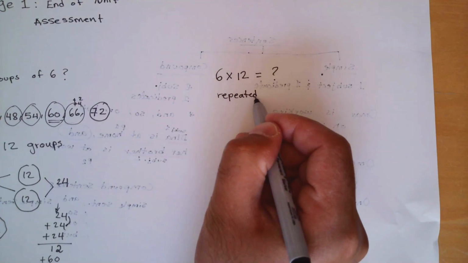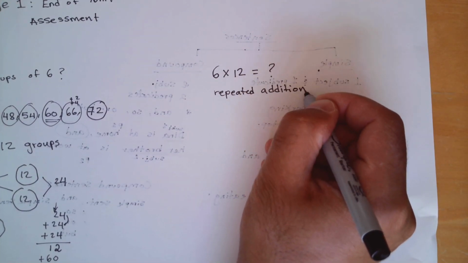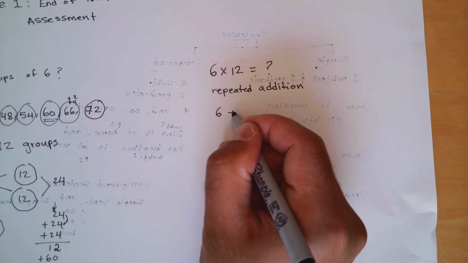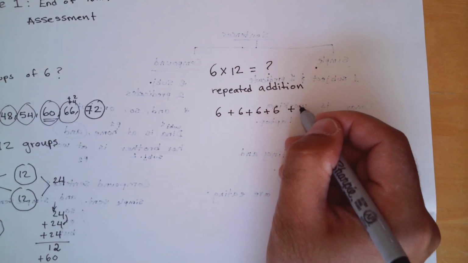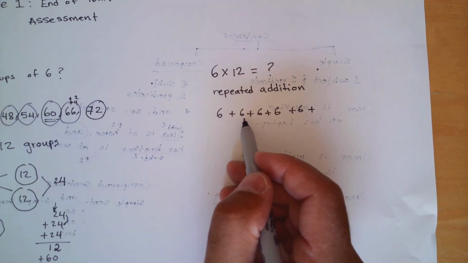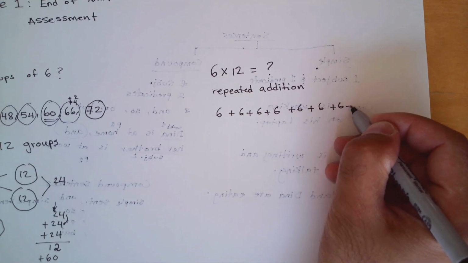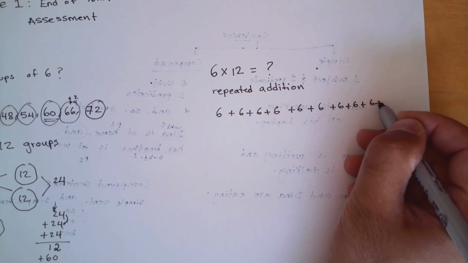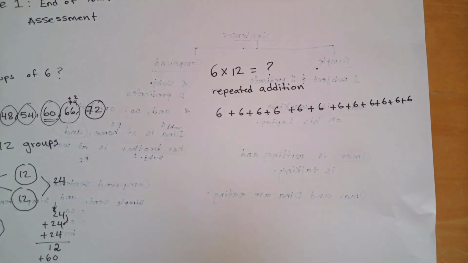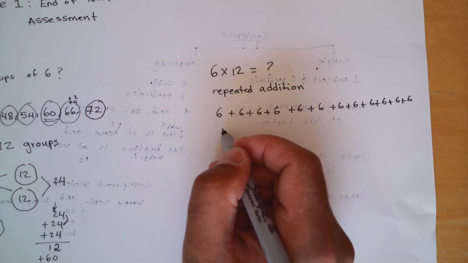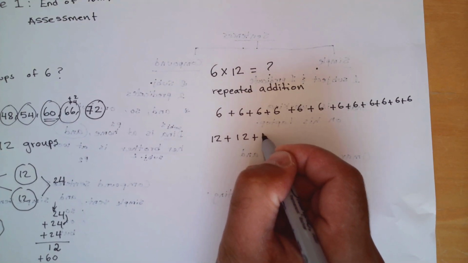We're adding either 6 twelve times, 1, 2, 3, 4, 5, 6, 7, 8, 9, 10, 11, 12, or we're adding 12 six times.